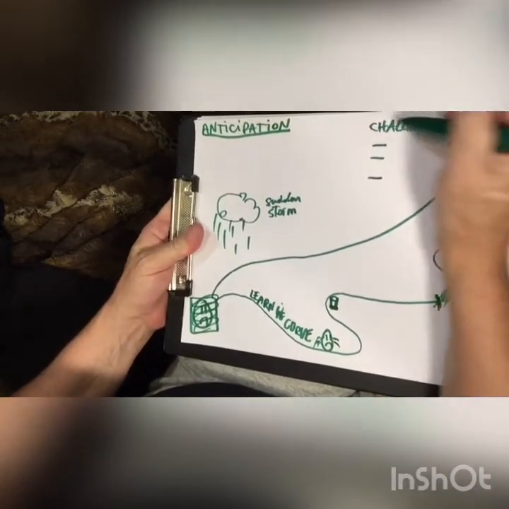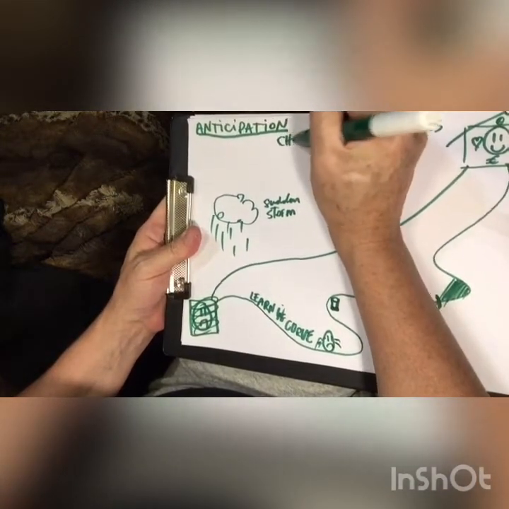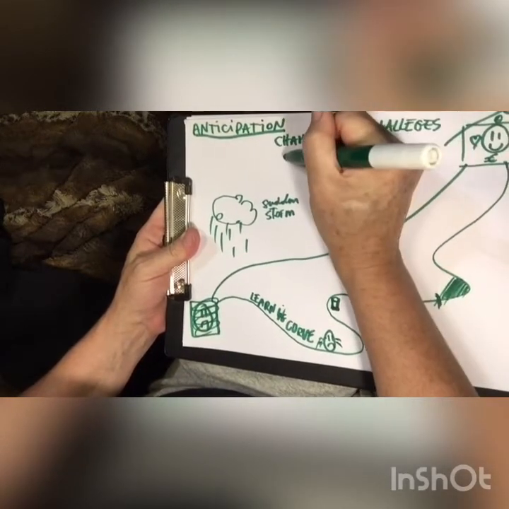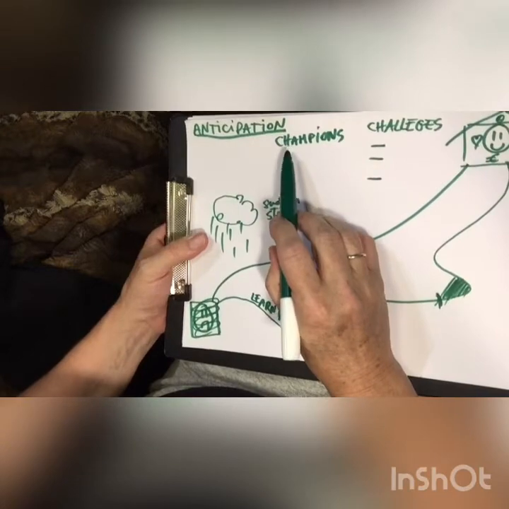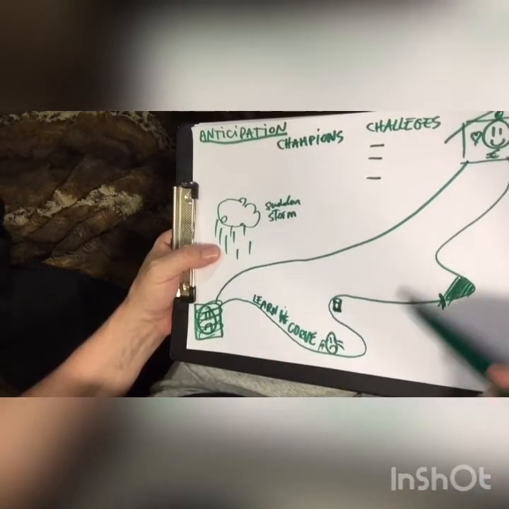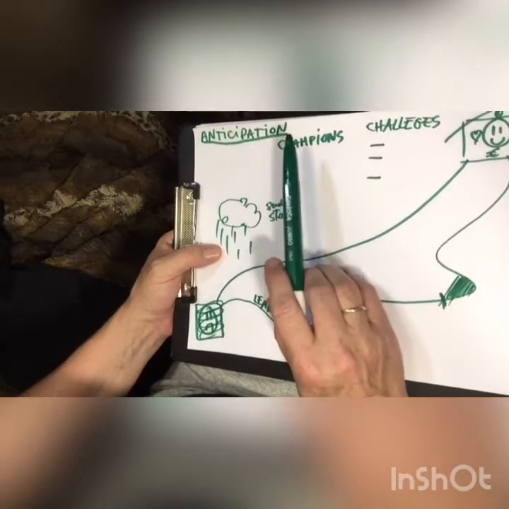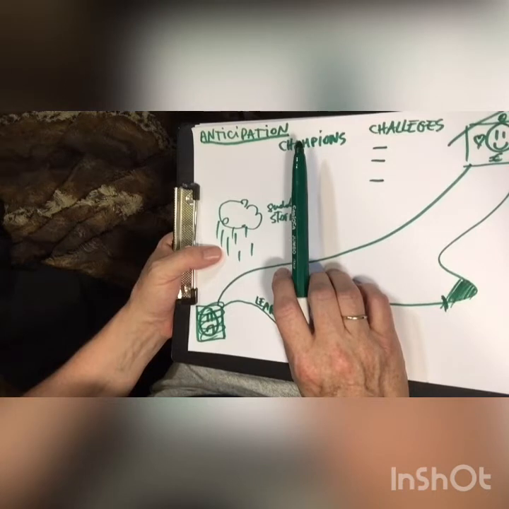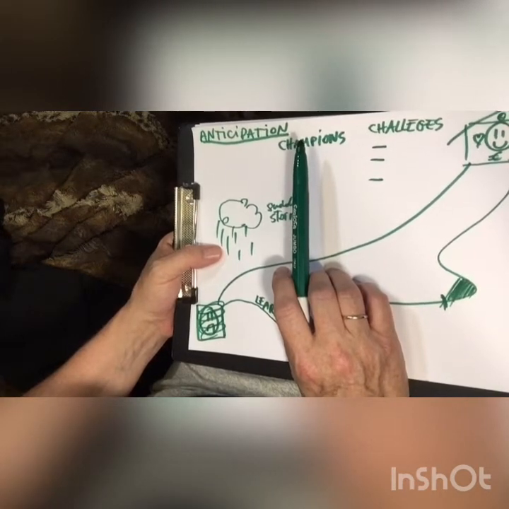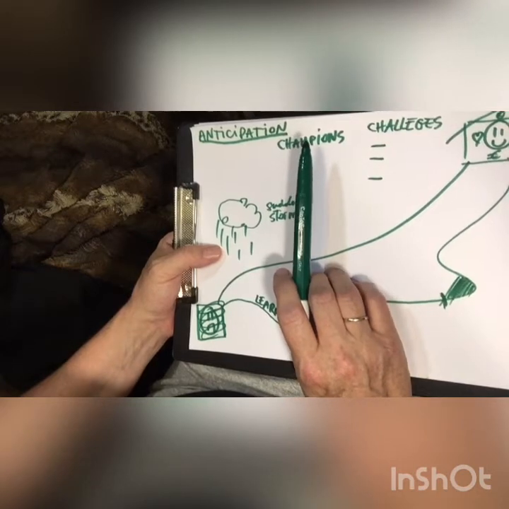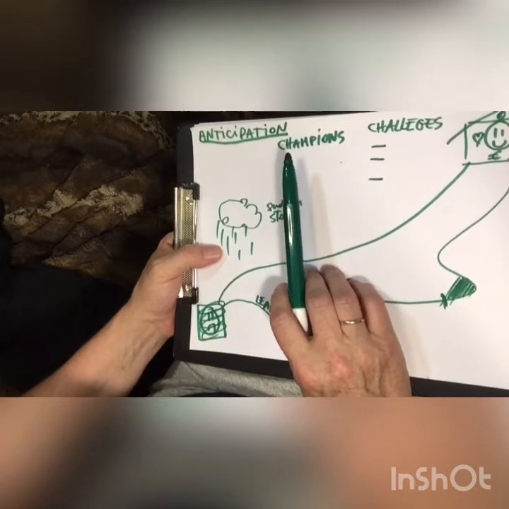After you've done this, you will think about your champions. So now think that however difficult the situations may be, there will always be some people or entities or forces that will want you to win. And so, what are your champions?